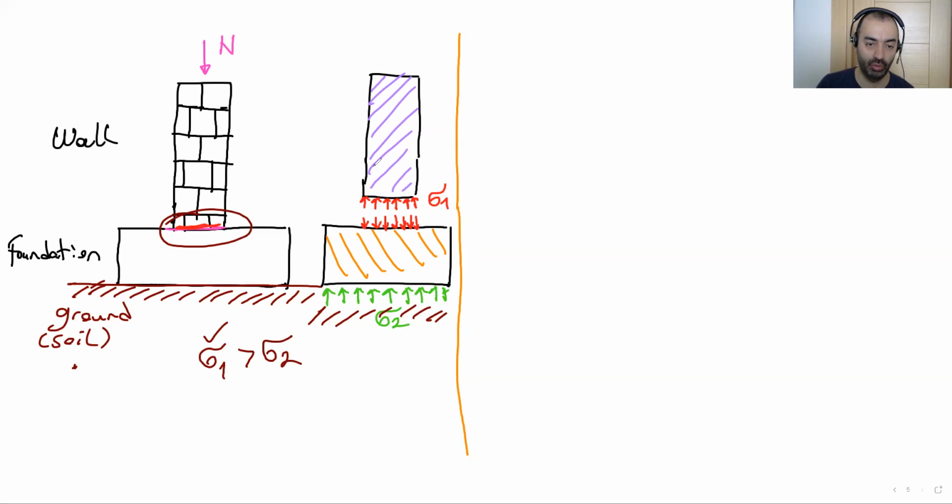Axial stress over the foundation area gives us the sigma 2, which is the stress on the soil level. So we are gonna check it. It should be less than sigma 2, less than sigma allowable soil or soil bearing stress.